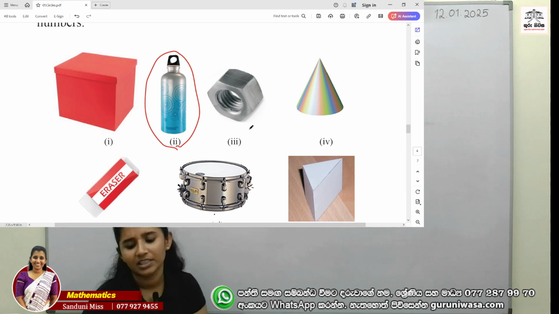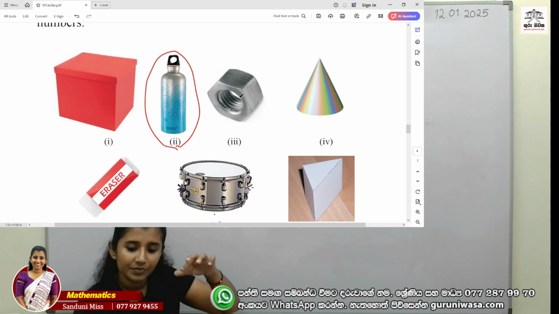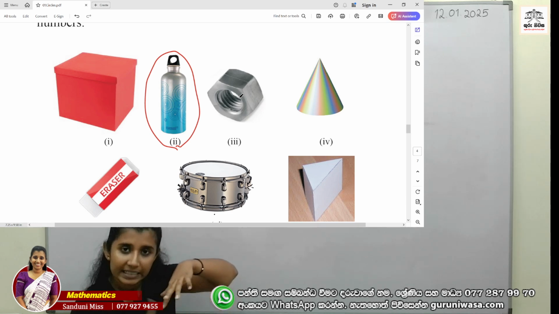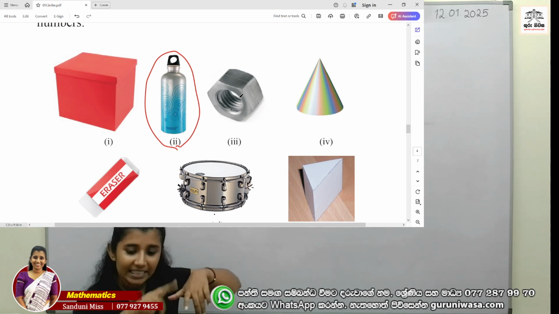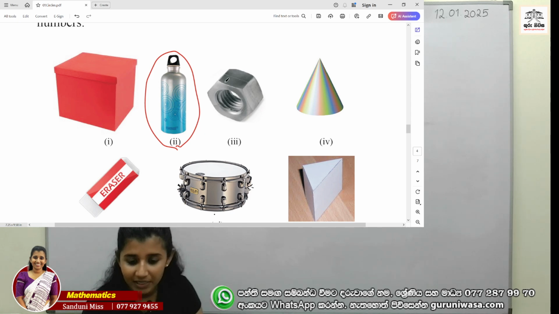What about the nut? There is a circle inside. We can keep the nut, but externally we cannot draw, but internally we can draw, right? You can see there is a circle. So this is also valid.